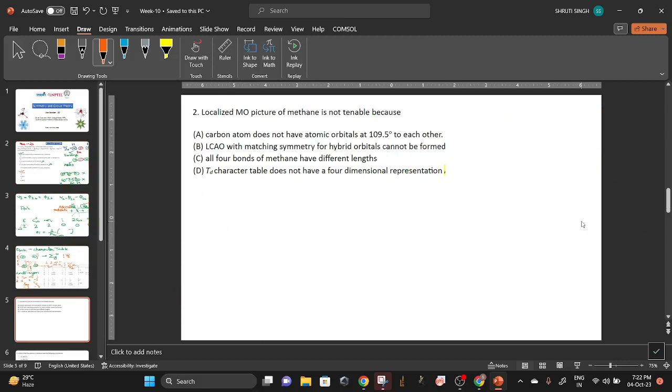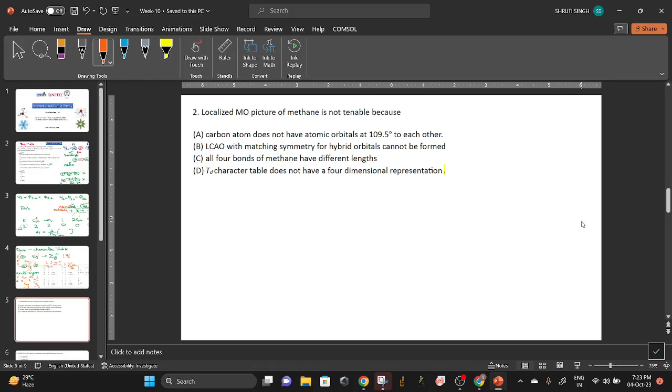The next question: the localized MO picture of methane is not tenable because carbon does not have atomic orbitals at 109.5 degrees; LCAO with matching symmetry for hybrid orbitals cannot be formed; all four bonds of methane have different bond lengths; and the tetrahedral character table does not have a four-dimensional representation. It is asking why we cannot use the localized MO picture.